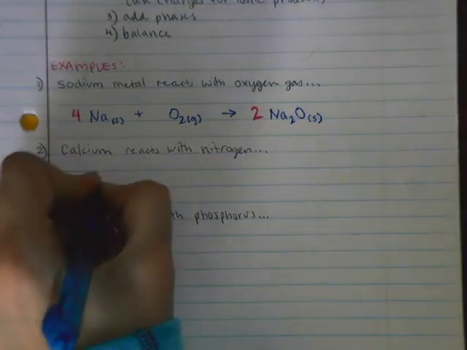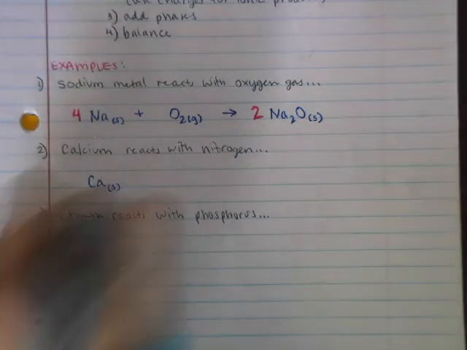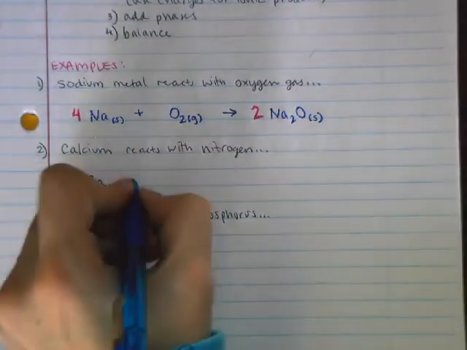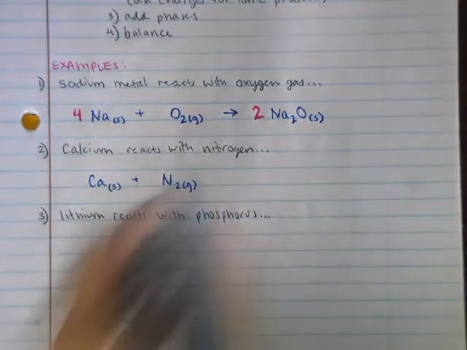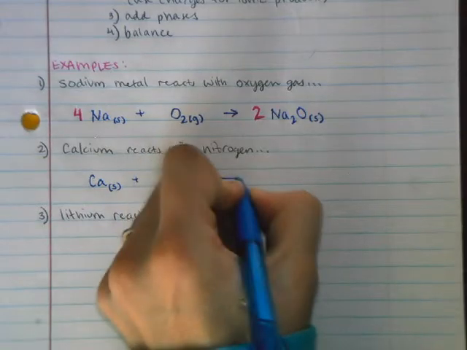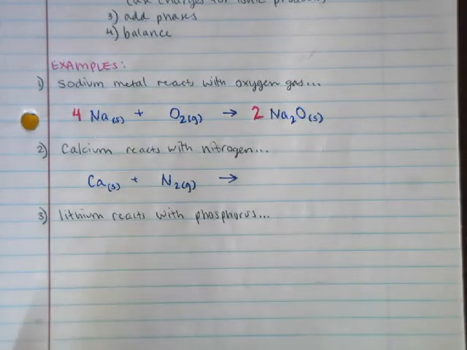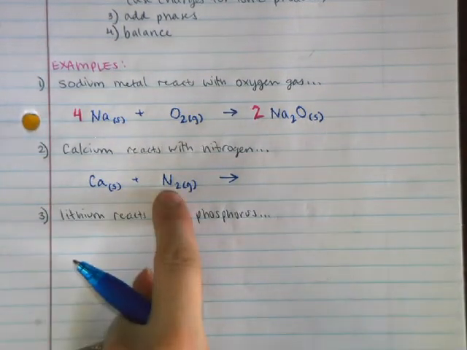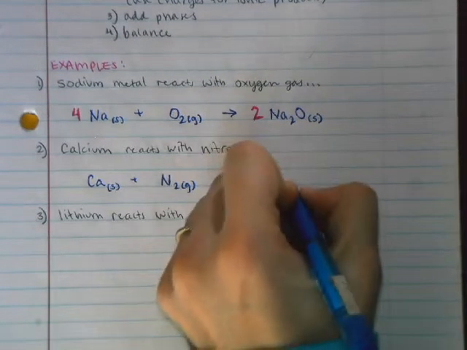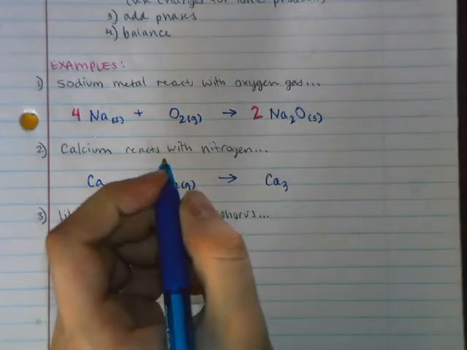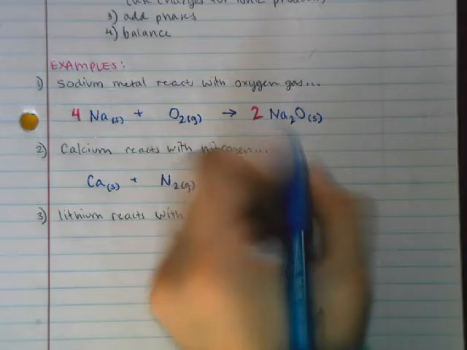Next we've got calcium, which is a metal, so it's a solid. Reacts with nitrogen, so there's another diatomic, which I know is going to be a gas. We've got some fun charges going on here. We've got Ca2 plus and N3 minus, so this is going to be Ca3N2.